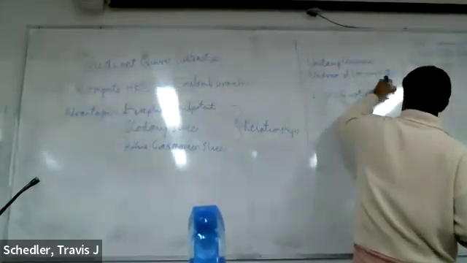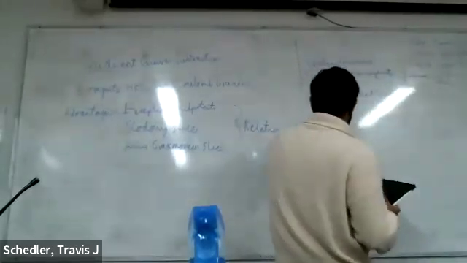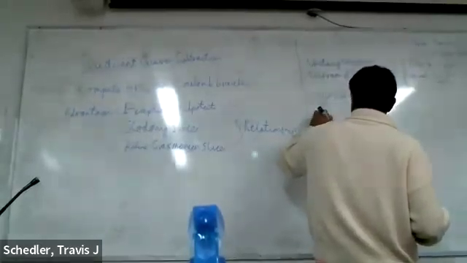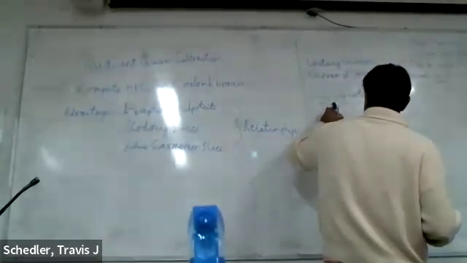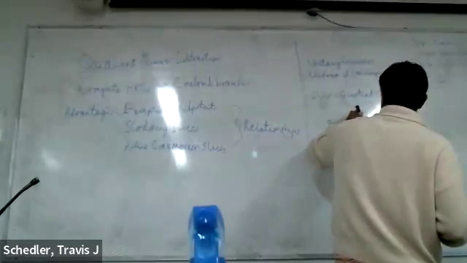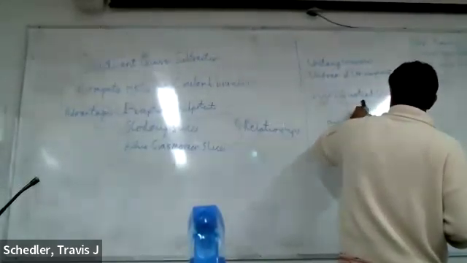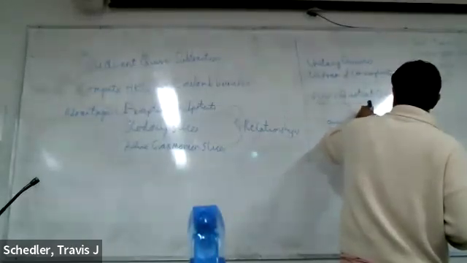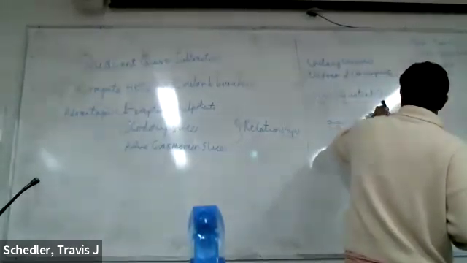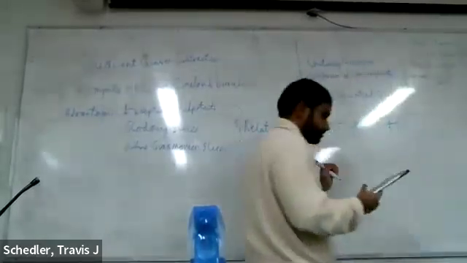And it takes the following form: 1, 2, ..., N minus 1, and N minus 1, ..., 2, 1.